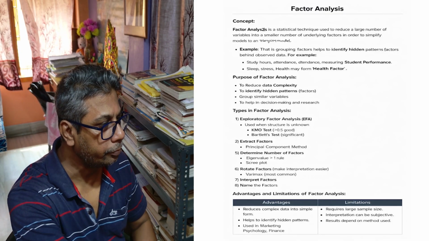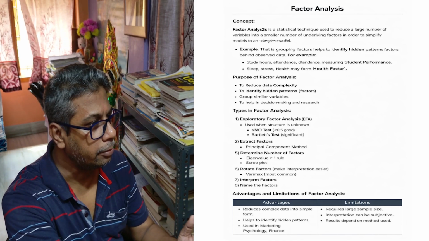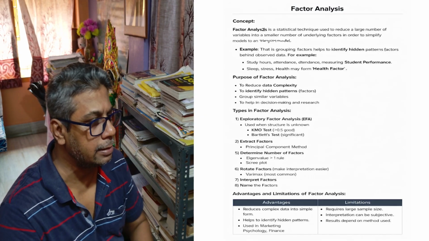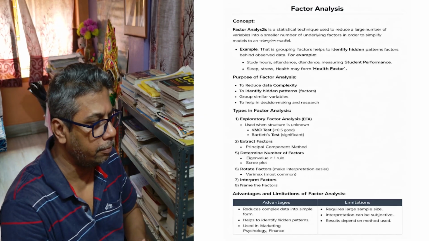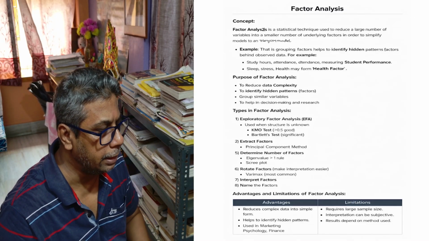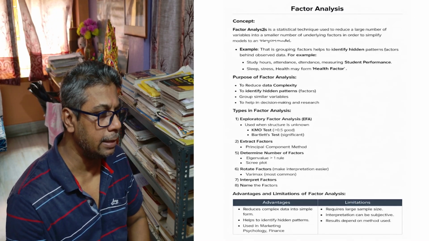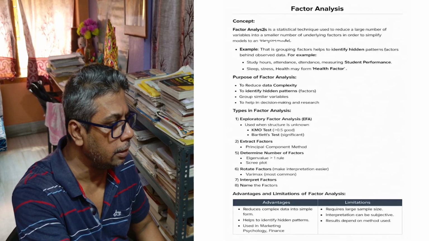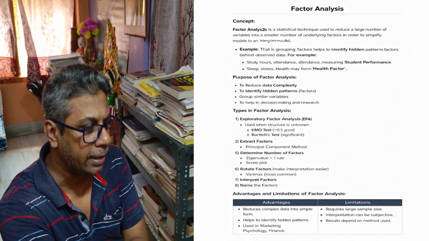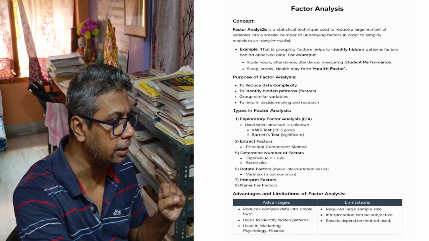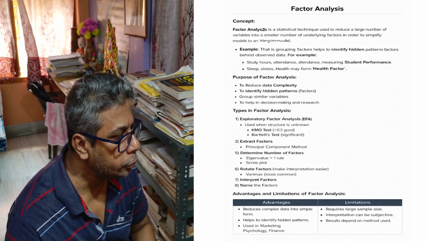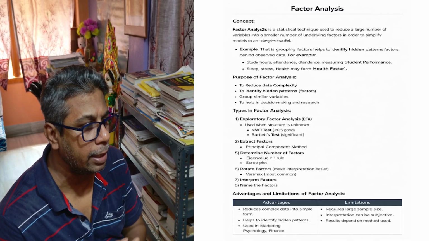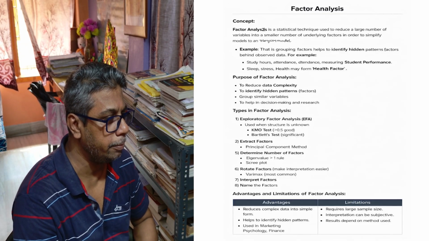The next area, not a question here: factor analysis, a detailed understanding. Factor analysis is a statistical technique. Whatever I have discussed in the previous question, in brief, we have to understand that factor analysis is a statistical technique used to reduce a large number of variables into a smaller number of underlying factors in order to simplify the model. For example, grouping factors help to identify hidden patterns behind observed data.